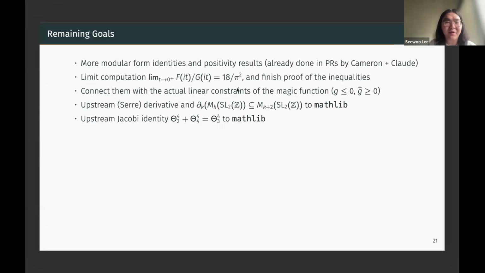And the last thing is about upstreaming some of those to Mathlib, where we are planning to upstream the derivative and the third derivative, and prove this theorem where the third derivative preserves modularity, to Mathlib. And we also have a proof of the Jacobi identity, which might be upstreamed to Mathlib later.